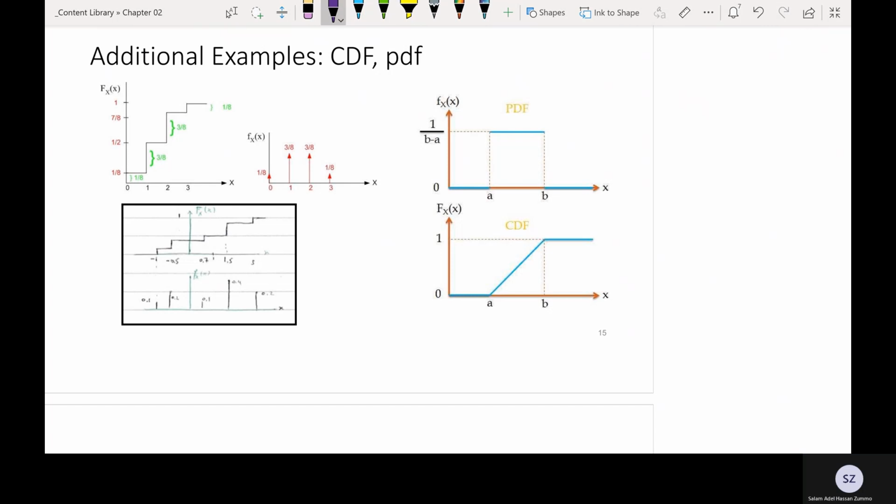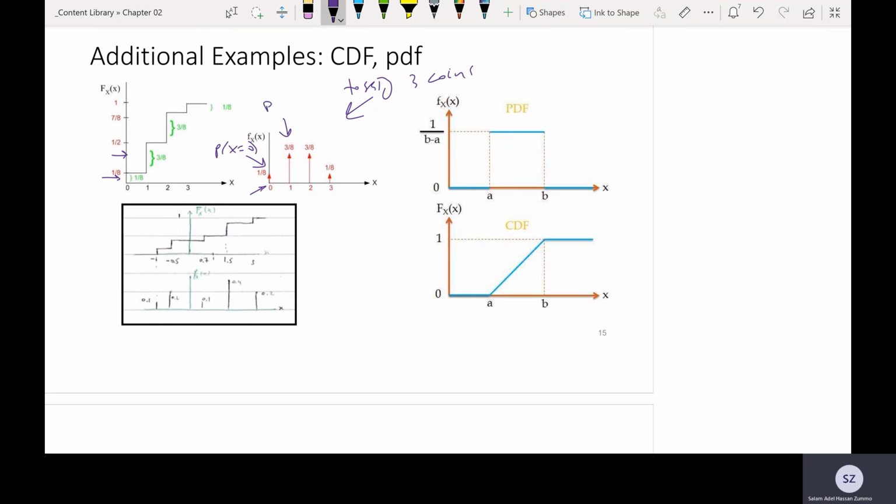So these are just some additional examples. This is similar to our example of tossing 3 coins. We have the step function at 0, which jumps by 1/8 because the probability that x equals 0 is 1/8. At 1, it jumps by 3/8 and so on. Now differentiating this will give you 4 impulses. At 0 it is 1/8, which is the probability that x equals 0. At 1, there is an impulse of 3/8.